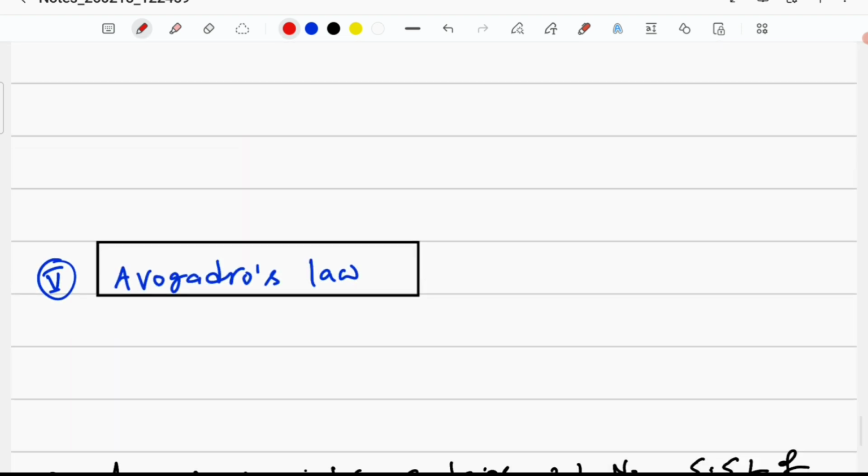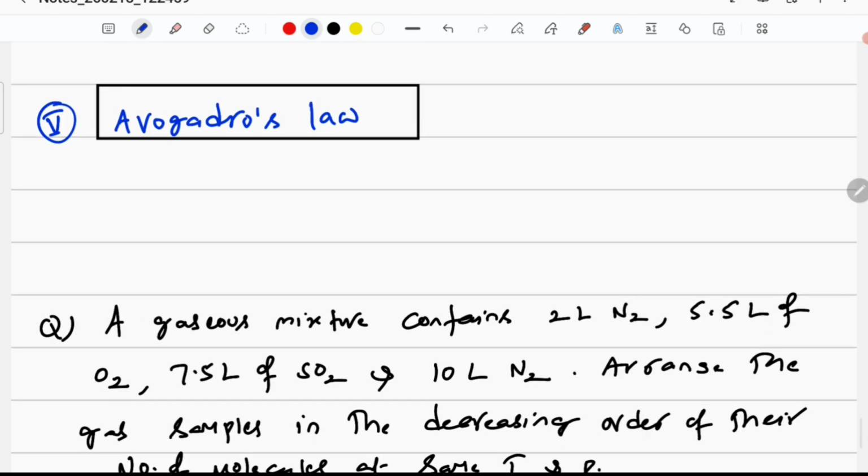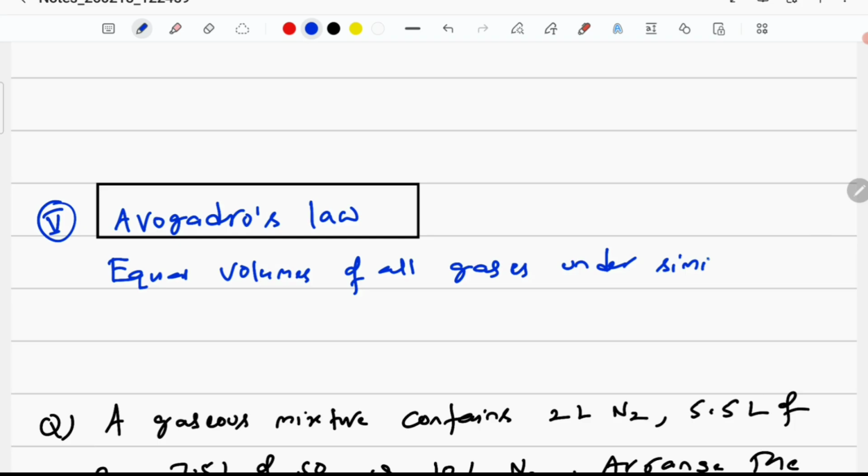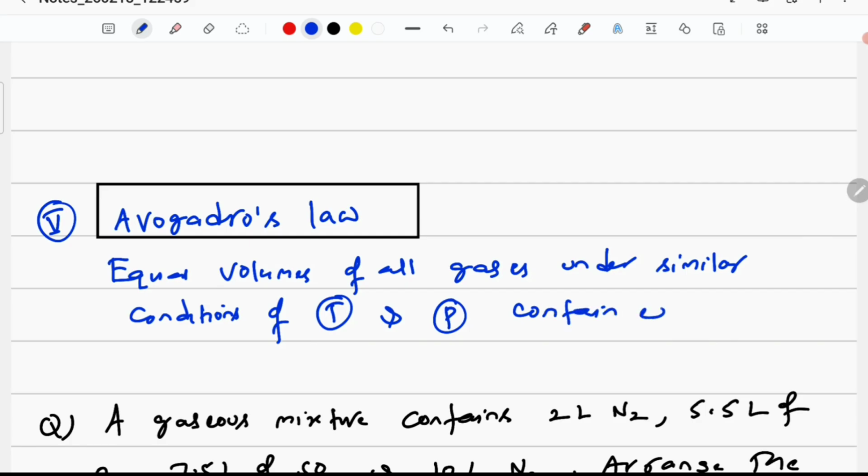Next, Avogadro's law. Avogadro's law states that equal volumes of all gases under similar conditions of temperature and pressure contain equal number of molecules.